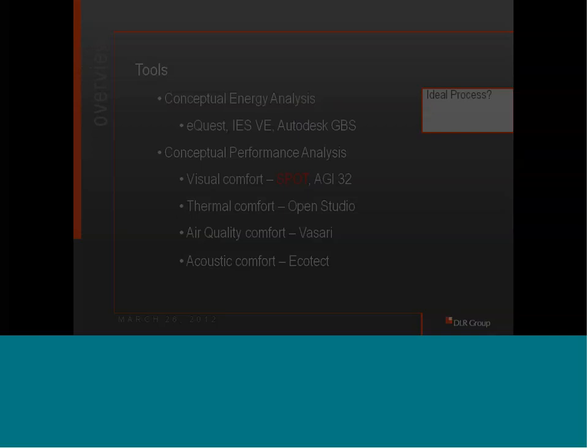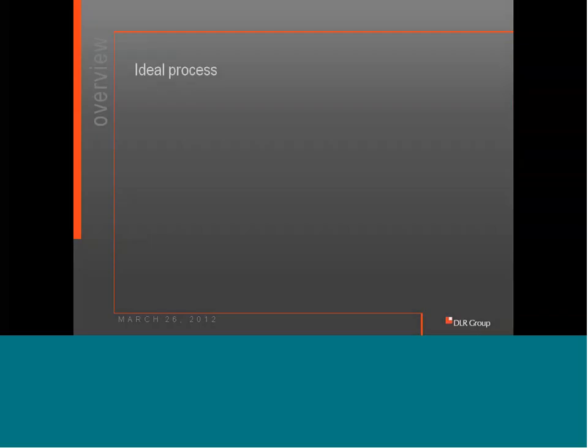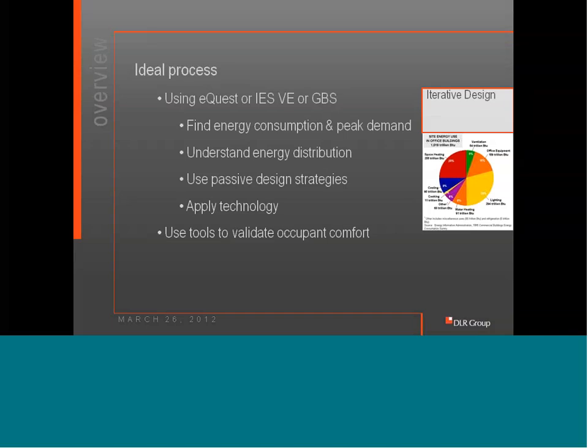What would be the ideal process of using all of these tools? The first tool that we want to use is Equus, IESVE, or Autodesk Green Building Studio to find our energy consumption and peak demand. Once we know that, it will give us a chart something like this. This will tell us the breakdown of different energy consumption in our building design.